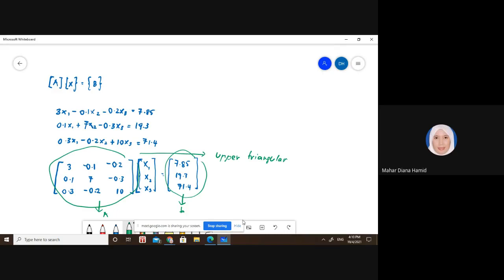So upper triangular matrix, if you remember, is where we are going to have, for example, a certain number.